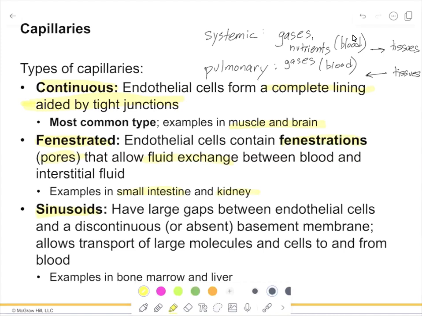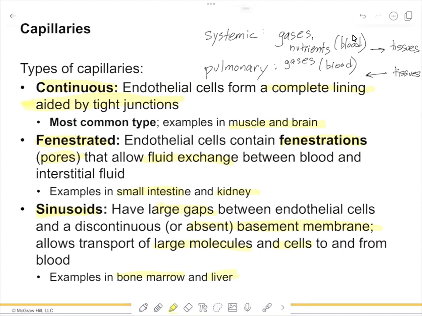And then finally, the sinusoids are going to have large gaps between endothelial cells and an absent basement membrane. It allows for large molecules and cells to go to and from the blood. So the places that we find these are in bone marrow and the liver.